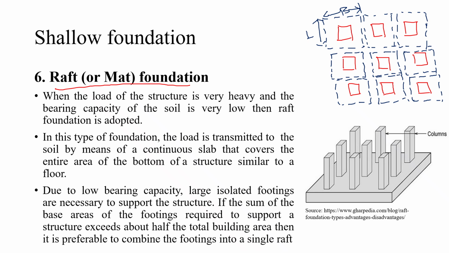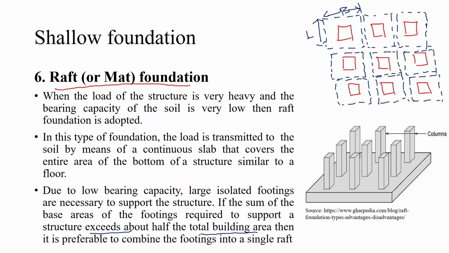If the sum of the base area of all the footings required to support the structure exceeds half of the total building area, then it is preferable to go for a single concrete mat that will hold the entire structure, which is called a raft or mat foundation. See here, for all the columns you have only one thick mat underneath the structure, then you call this a raft or mat foundation.